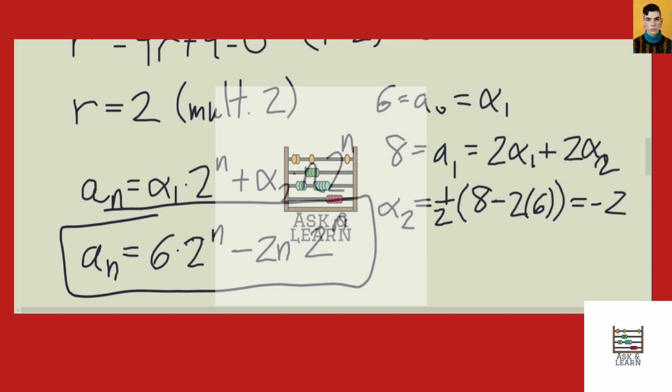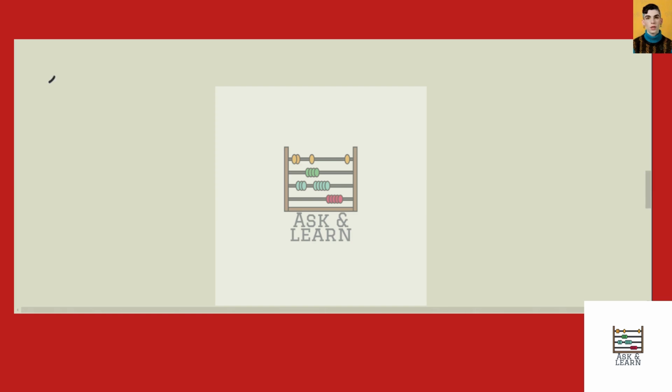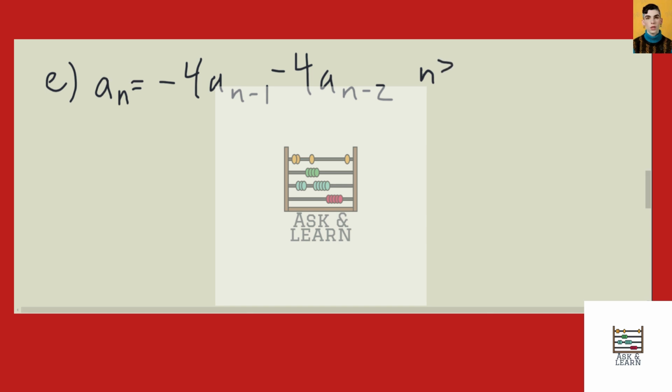In part E, we're given the relation a_n equals negative 4 a_{n-1} minus 4 a_{n-2}, where n is greater than or equal to 2, and we have the initial conditions a_0 equals 6 and a_1 equals 1.